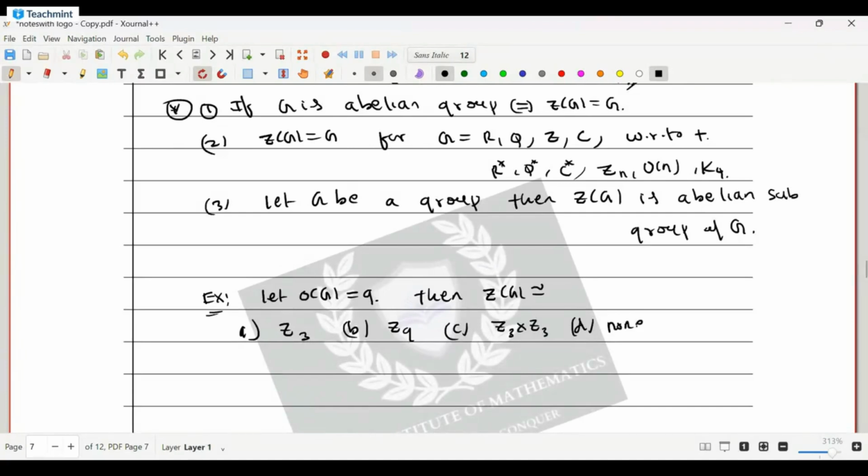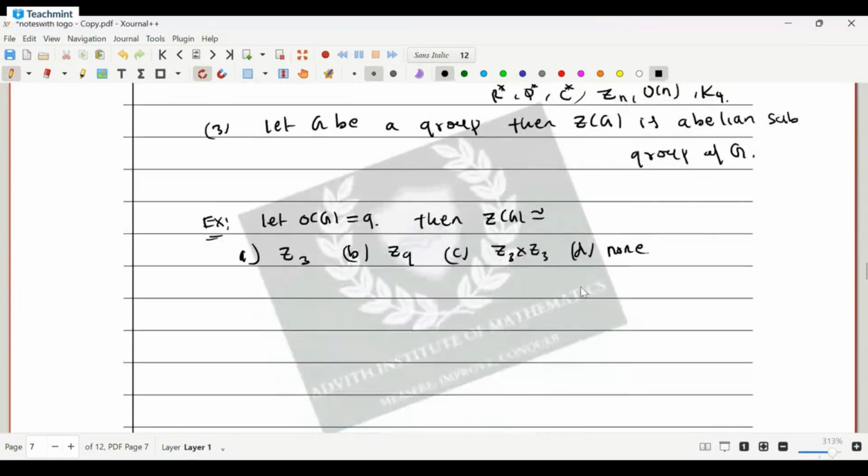Anyone, please tell. B and C. So if the order of G is equal to 9, 9 can be written as a prime squared. So a group of order 9 is always abelian, and a group of order p squared is isomorphic to either Z p squared or Zp cross Zp.